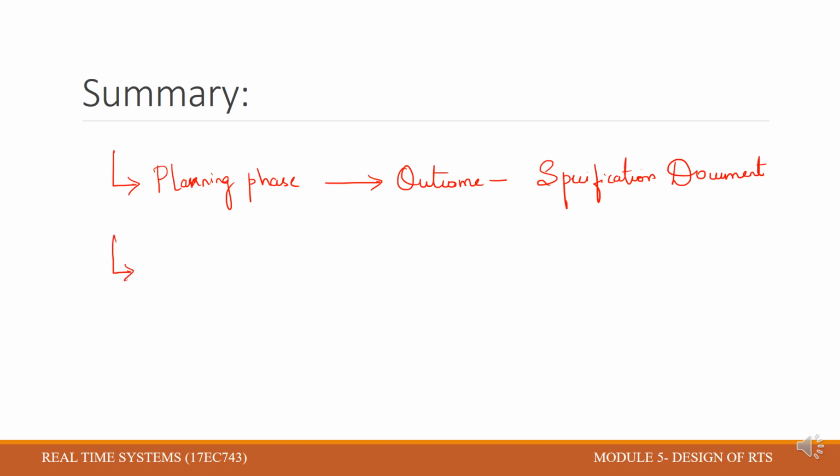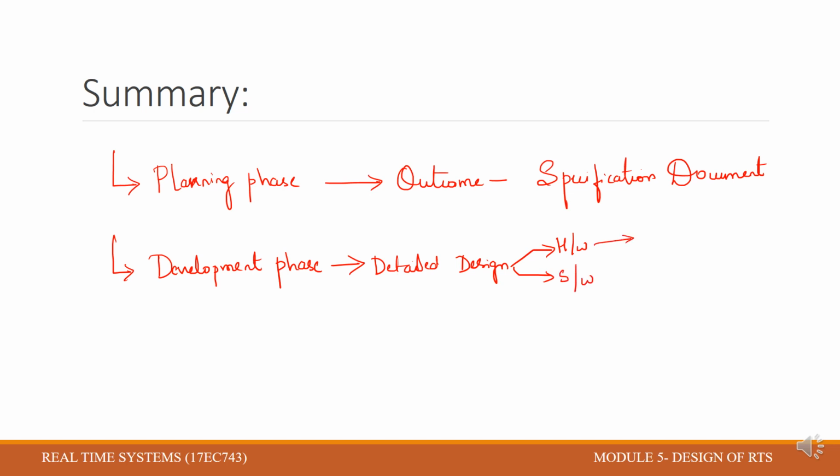Similarly, we also looked into the development phase, wherein we understood what detailed design is. In the development phase, from the preliminary design we need to arrive at the detailed design, which should be detailed for both hardware and software. Later you test hardware and software separately.